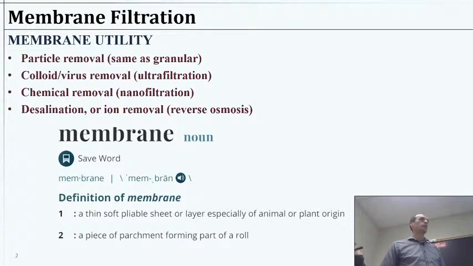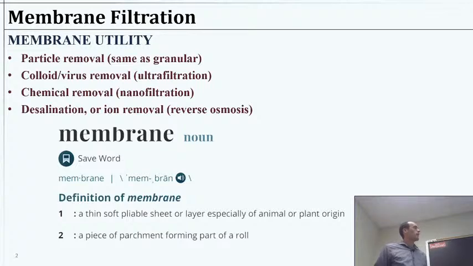So we would talk about different types of filtration based on what size they are, what classification we're using. If we're just doing particles, a granular filter could do that pretty well. And when I say particles, probably on or near the scale of micrometers. We talked about viruses and bacteria being about micrometer size, and we talked about sedimentation. So anything close to being able to sediment, but maybe wouldn't quite, that's the kind of thing we would do with a granular filter.